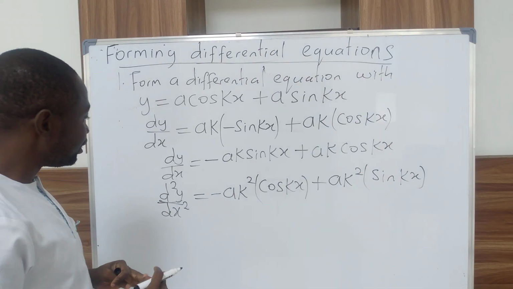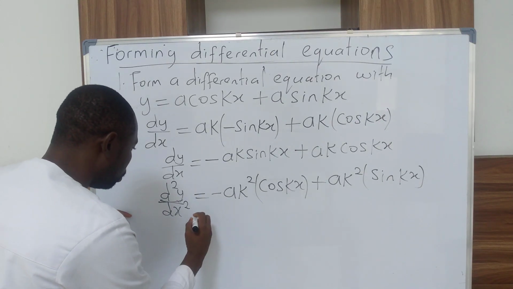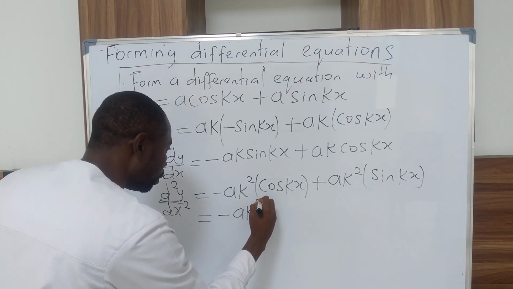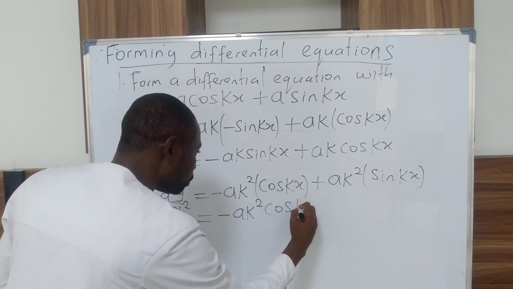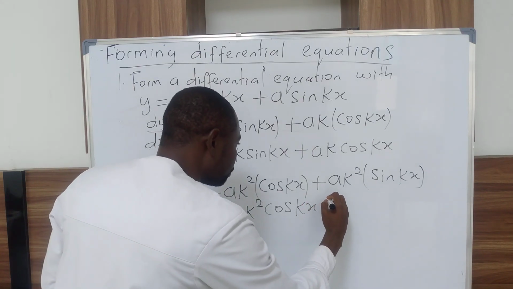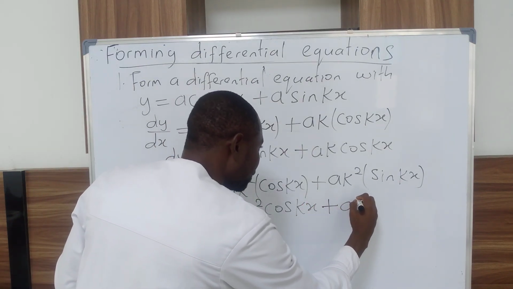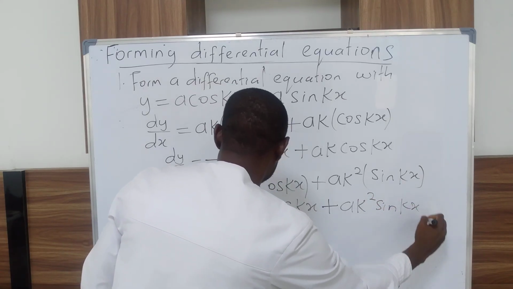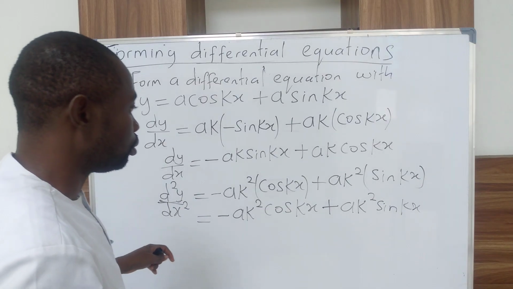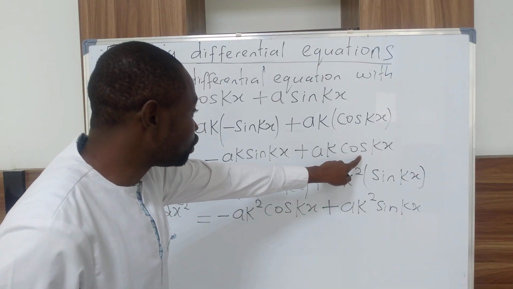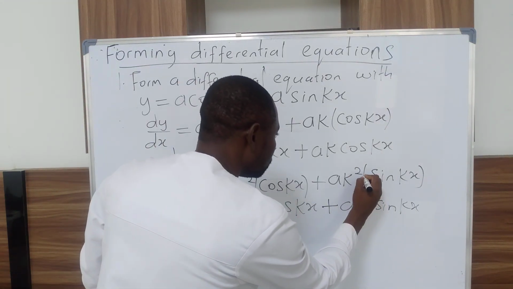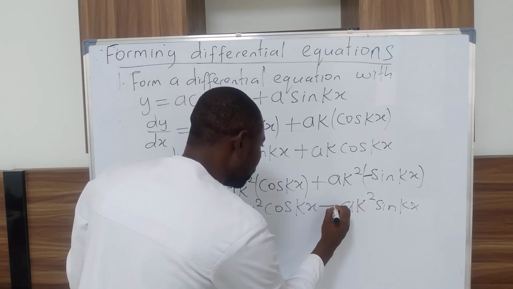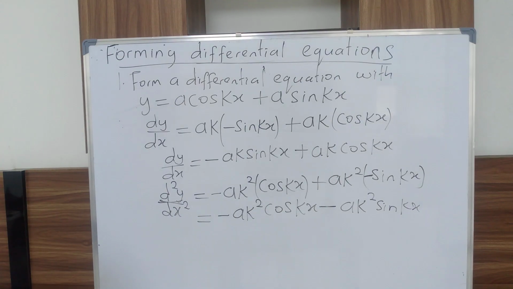Now, the next thing is to open the bracket, that is minus ak squared cos kx plus ak squared sine kx. If I differentiate cos, I get minus sine. Minus is supposed to be here, minus sine. So here will be minus ak squared sine kx.